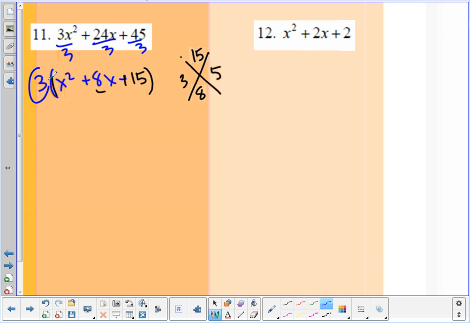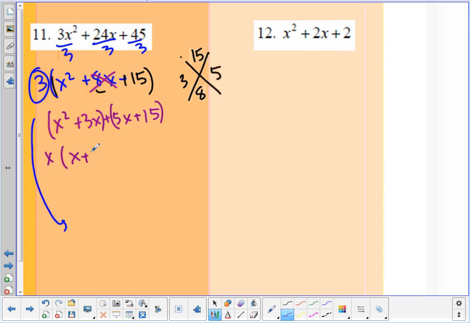So GCF is going to come down to the bottom. Rewrite the 8x in the middle using 3x and 5x. So I have x squared plus 3x plus 5x plus 15, not 9. I had divided by 5 instead of 3. And then I will group and group. Take out an x, you're left with x plus 3.